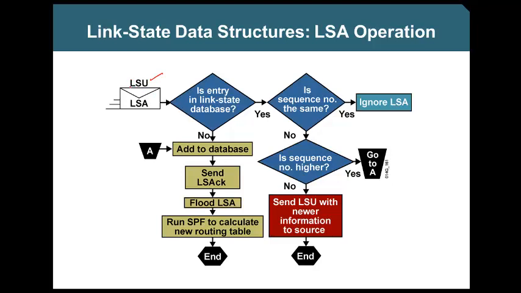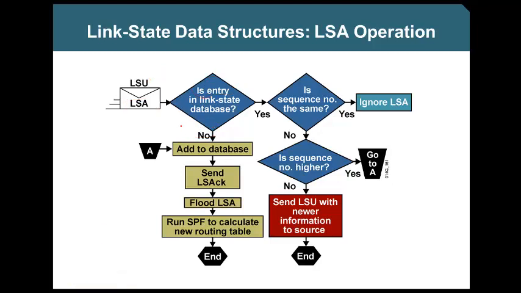If this is a fresh router, a newly OSPF-running router, if someone just enabled OSPF and formed a neighbor, then the database will be empty. There won't be any entries. No is the answer because there is no entry in the database. So whatever comes in will be added to the database.